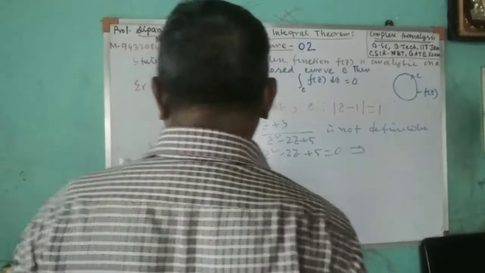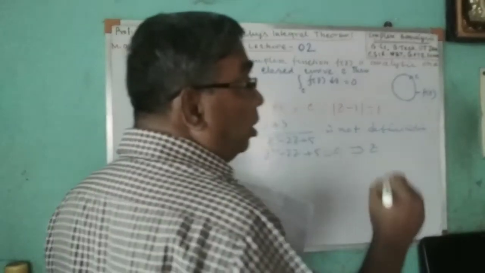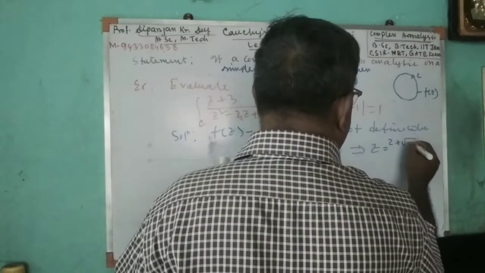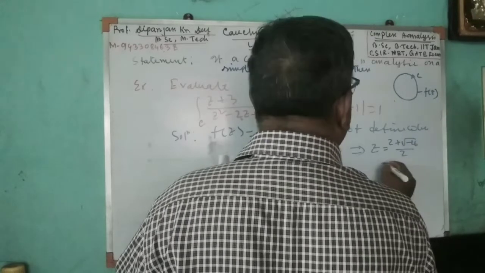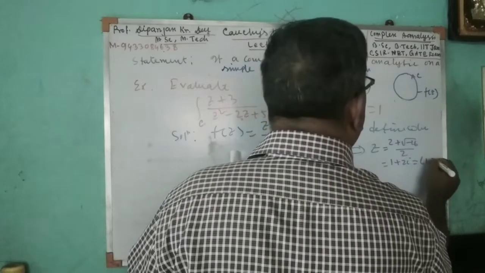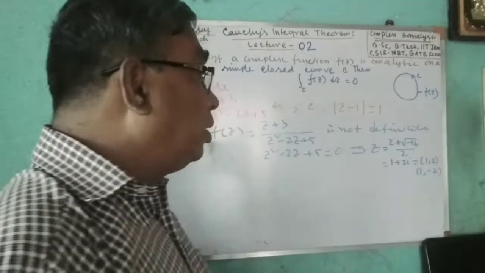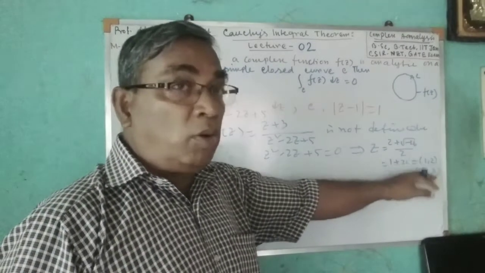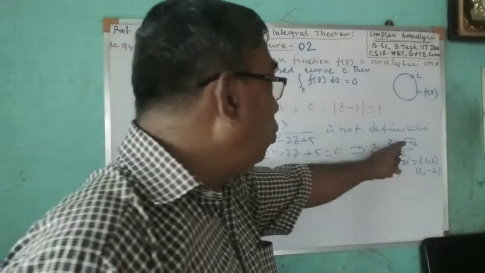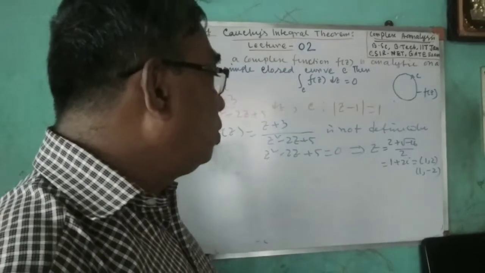This implies z = (−b ± √(b² − 4ac))/2a, that is (2 ± √(−16))/2, that is 1 ± 2i. This again can be written as (1, 2) and (1, −2). So these 2 points are known as singular points. For z equal to these values, f(z) is not defined. So these are the singular points.